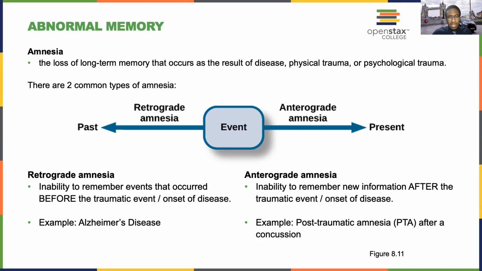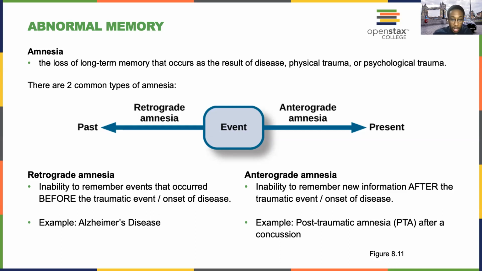Alzheimer's disease typically has an onset after age 65. And obviously, if you're 65 and you had children in your 20s, 30s, or 40s, you knew the names of your children before the onset of Alzheimer's disease. But as you get further into the stages of the disease, you start to lose memory of information that you knew before its onset. We would call that retrograde amnesia.